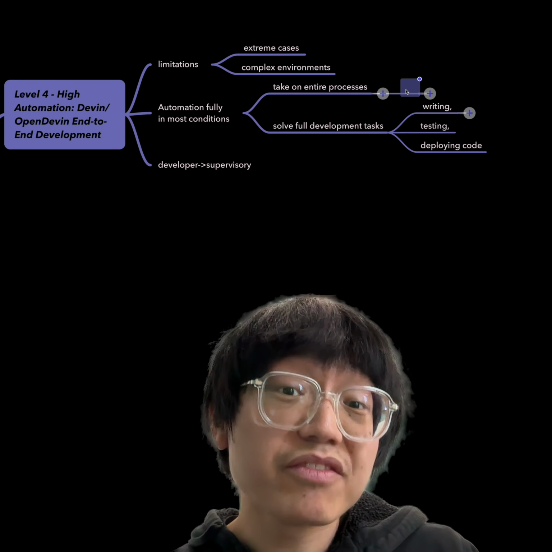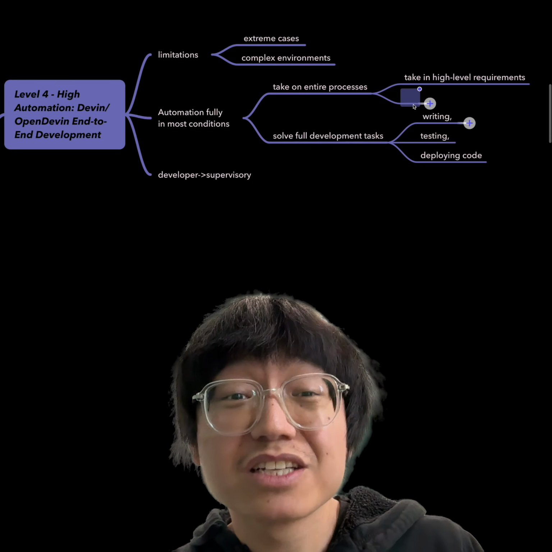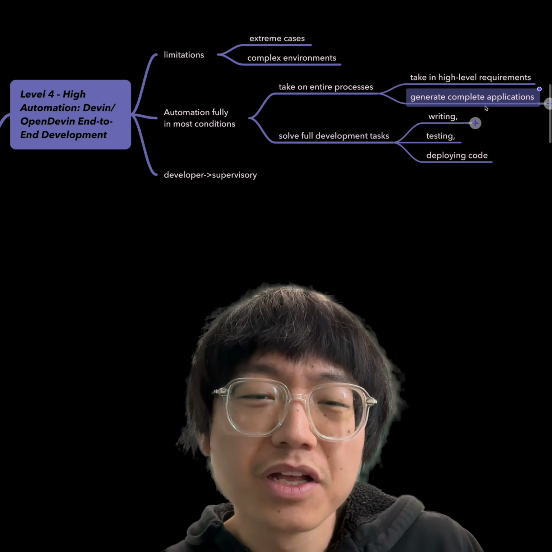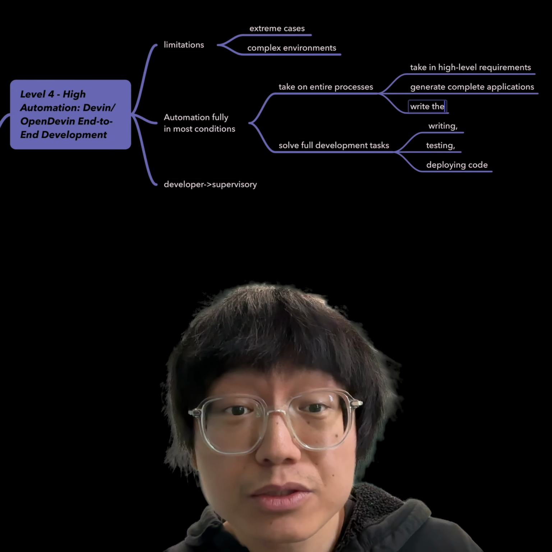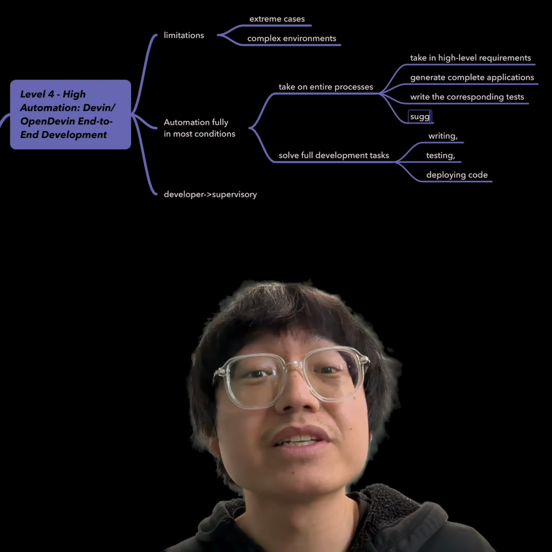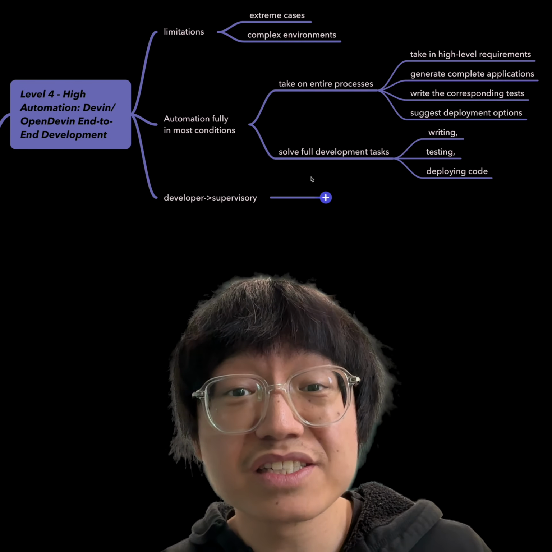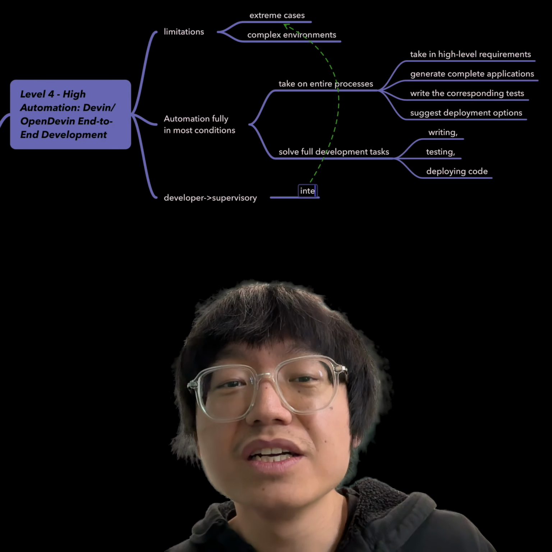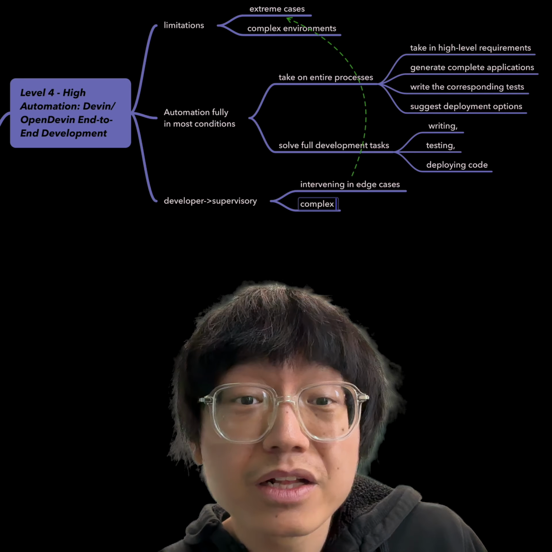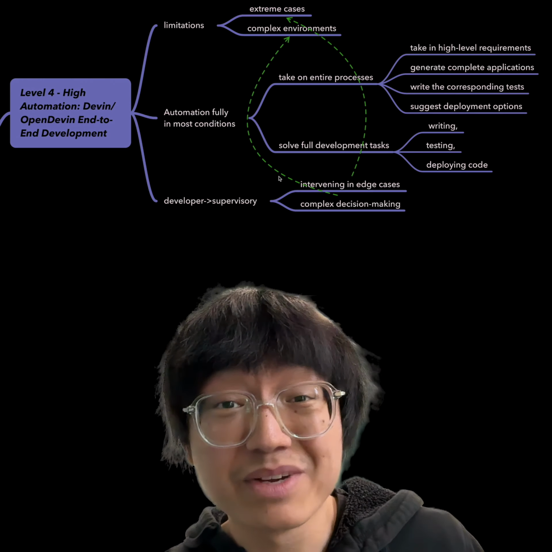The example is Devin or OpenDevin. They are research-oriented tools designed to automate significant portions of the software development cycle. For instance, an end-to-end tool might take high-level requirements, generate complex applications, write the corresponding tests, and even suggest deployment options. The developer's role becomes more and more supervisory, only intervening in edge cases or complex decision-making.